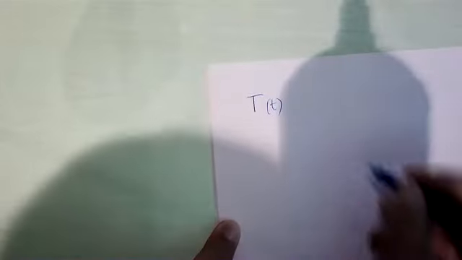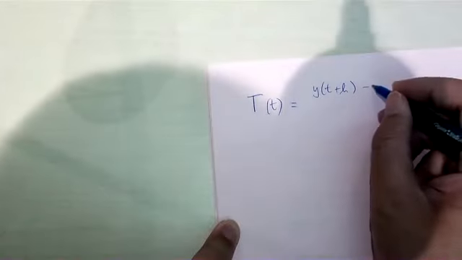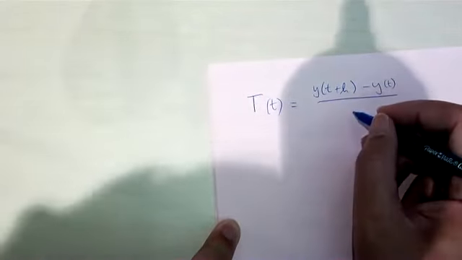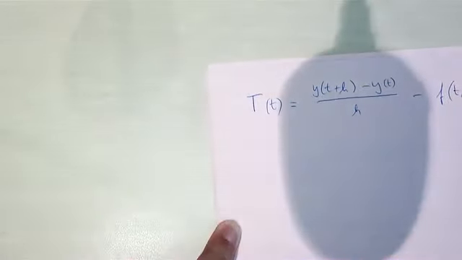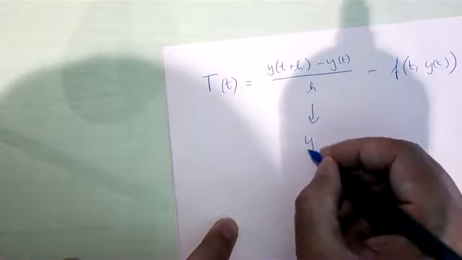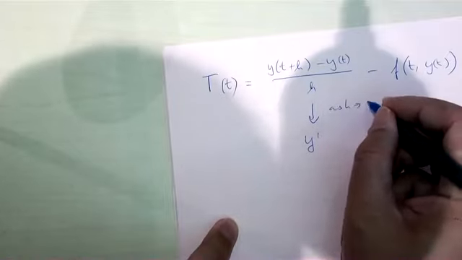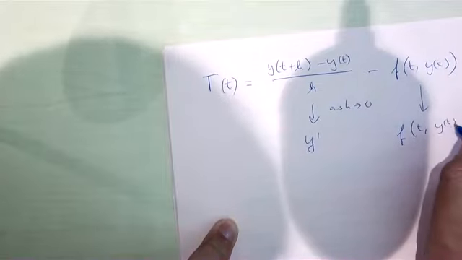So in the limit, this one will go to y prime as h goes to 0, and this one is still f(t, y(t)).